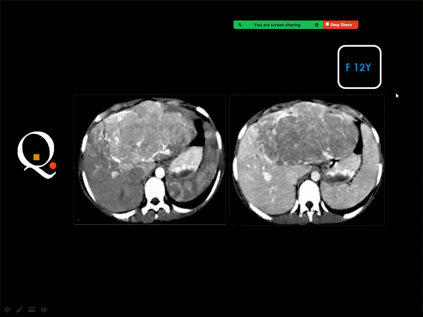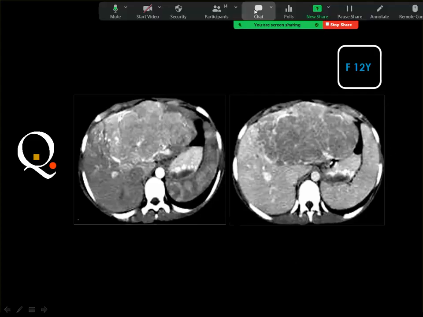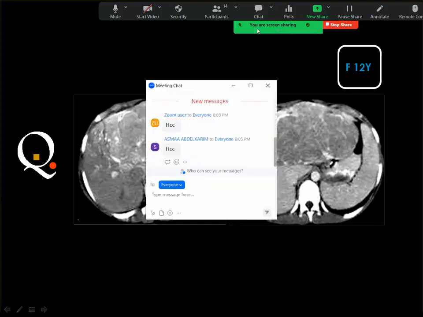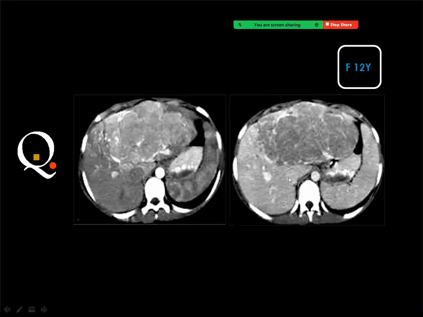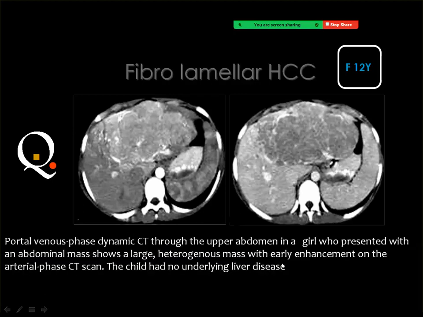Next case is a female child, 12 years old, with a big mass in the liver. No, this is not the age of hepatoblastoma. Yes, it is HCC, but a special type which can occur at this relatively young age, and this is known as the fibrolamellar type of hepatocellular carcinoma.